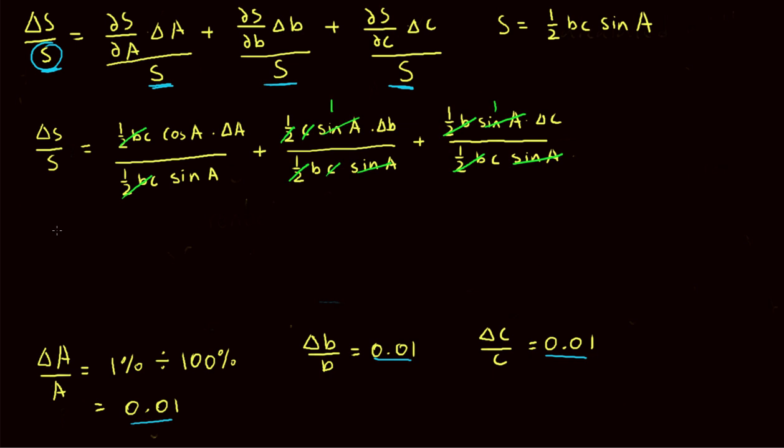So we end up with delta S over S equals cos A over sine A times delta A, plus delta B over B plus delta C over C.